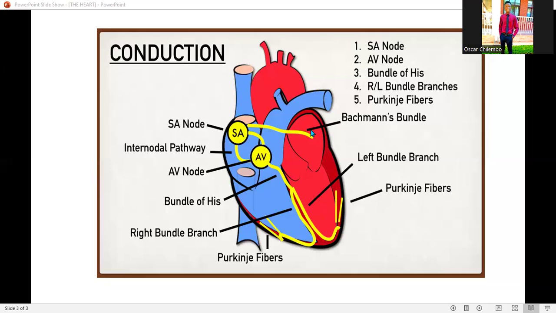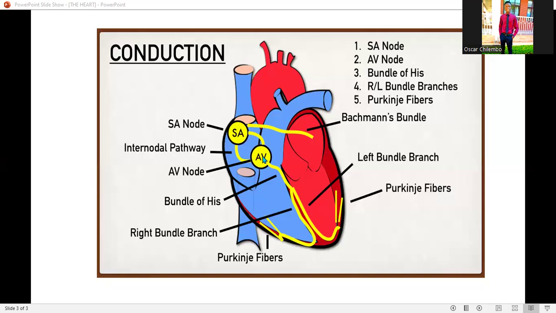Don't always forget that. We must also note that the AV node has the capacity to generate electrical impulse of about 40 to 60 beats per minute.